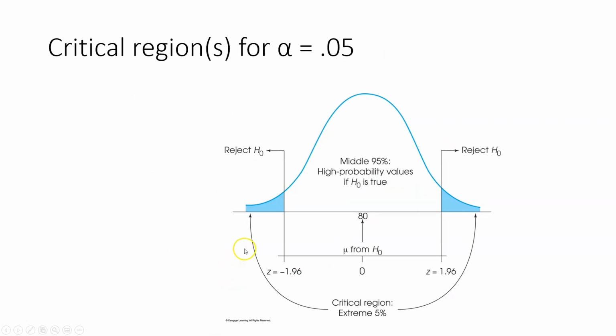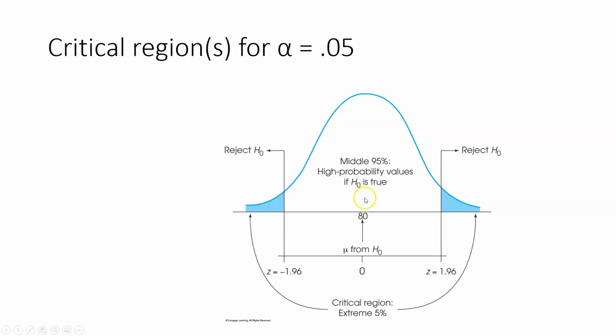The critical regions for an alpha of 0.05 are shown here in this graph. Again, those were negative 1.96 and positive 1.96. The extreme critical regions were these 5% that were divided in half, at 2.5% in this tail and 2.5% in this tail.